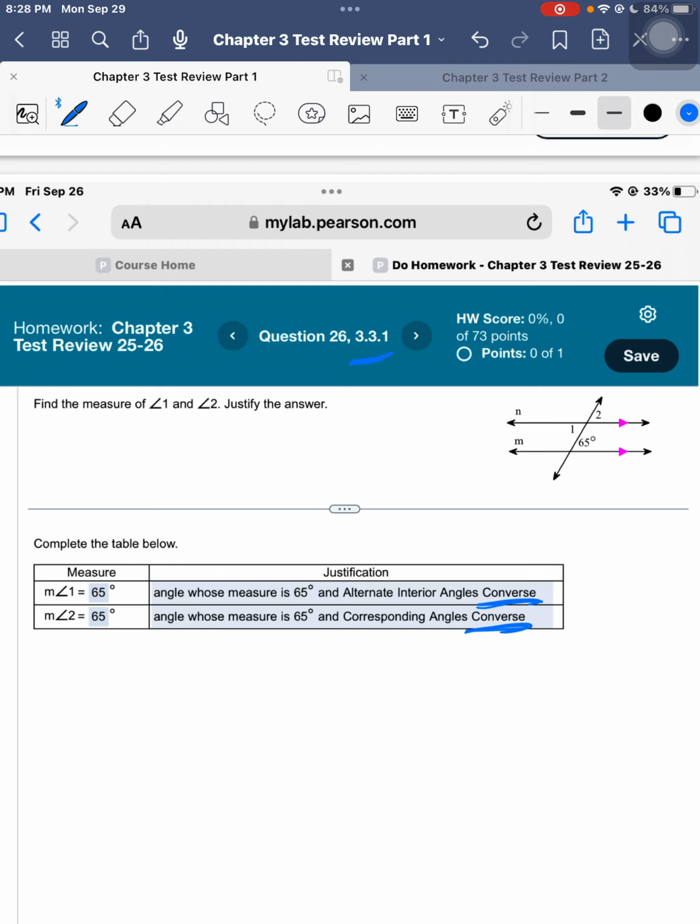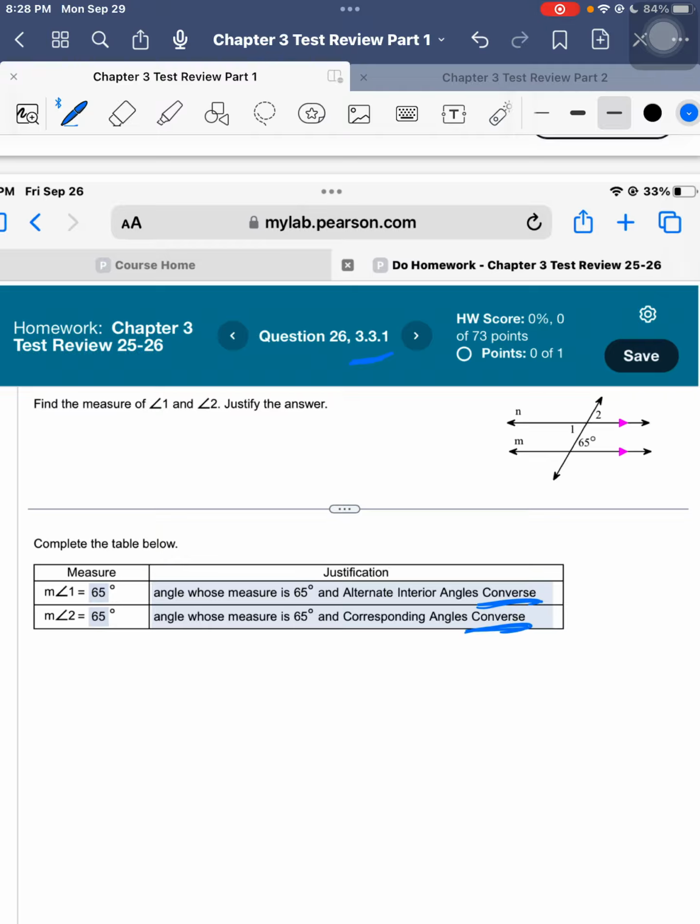The switching of the hypothesis and conclusion, which tells me that if my lines are parallel, then my corresponding angles are congruent, or my alternate interior angles are congruent, or my alternate exterior angles are congruent.